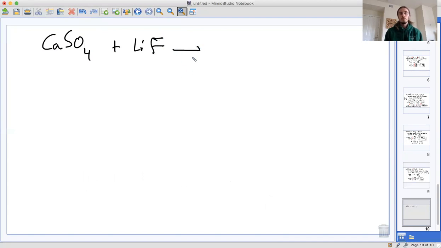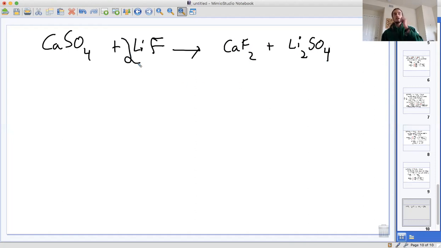Right, so that's going to be a double replacement reaction. We're going to end up with calcium fluoride plus lithium sulfate. And then to balance it, I need a 2 here. Perfect.